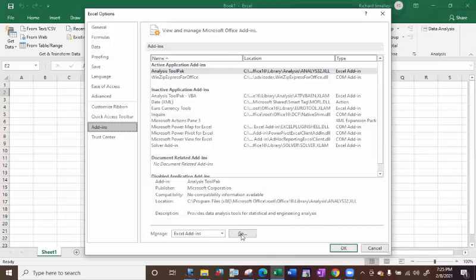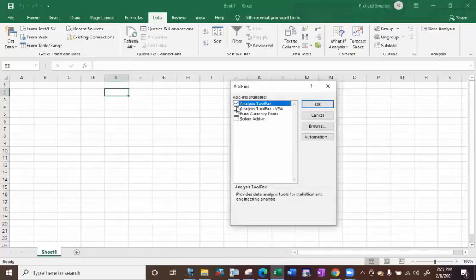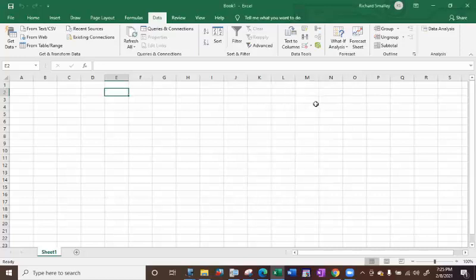You actually have to hit the go before the OK. See, I don't have to have all those other ones checked. I don't have to, but mine's already checked because it's already there. But then you click OK, and if it wasn't there, then it would show up at that point. But I bet you can Google and find just a delightful YouTube video that shows you how to do it.